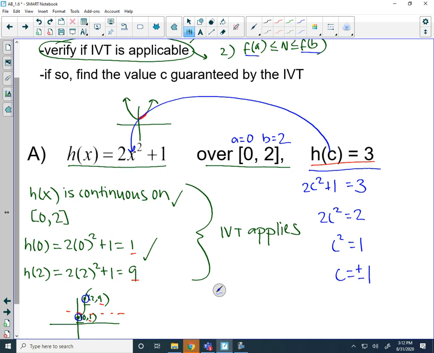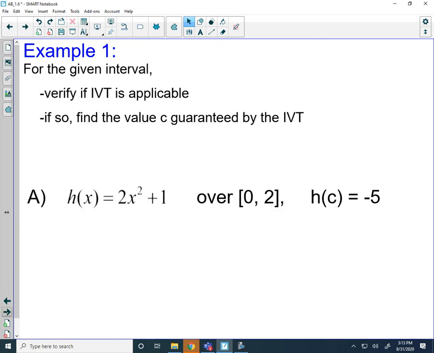Even though algebraically I got plus and minus 1, I'm throwing out the negative part and keeping the positive part because only positive 1 is between 0 and 2. So our answer would be C equals 1. In other words, C equals 1 is the x value that would give us a y value of 3. We'll do a few more of those.